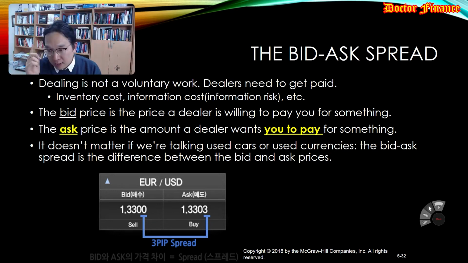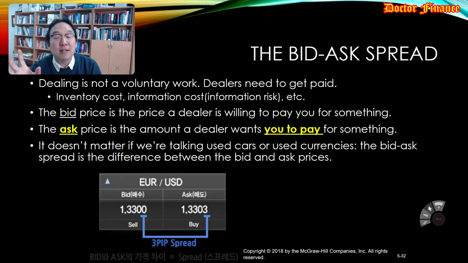This bid-ask spread in this chapter is not really about the retail branch level price difference. It's about the wholesale banking level difference, bank to bank, dealer to clients. Why do they have this difference in price, right?